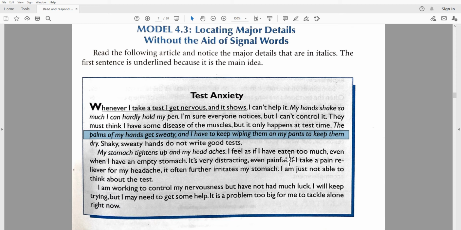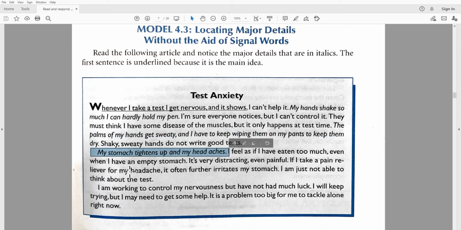So here is another example of the nervousness showing when they take a test. But there is no signal word indicating that this sentence is an important one to take note of as a major detail. Instead, we know it's a major detail because it is supporting the main idea as an example of that main idea.